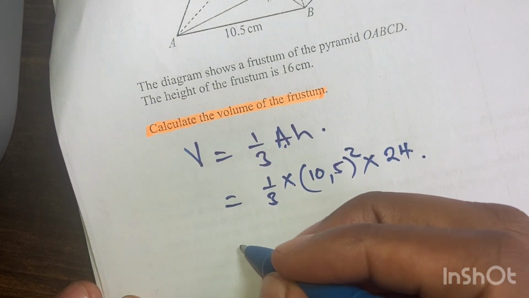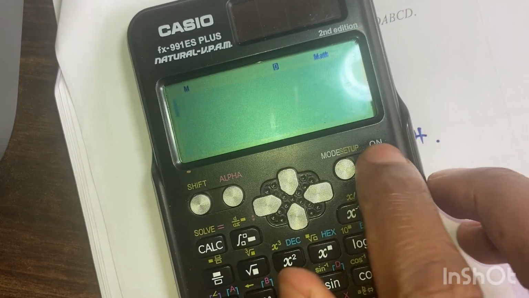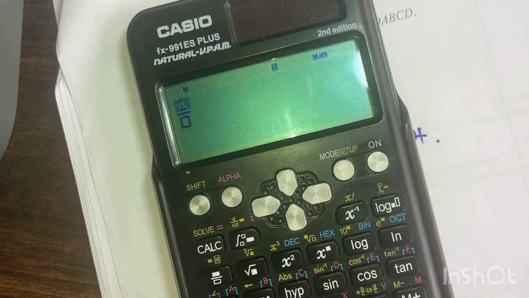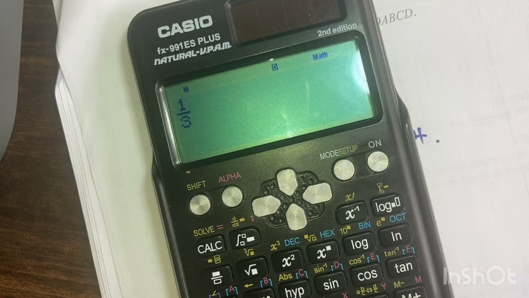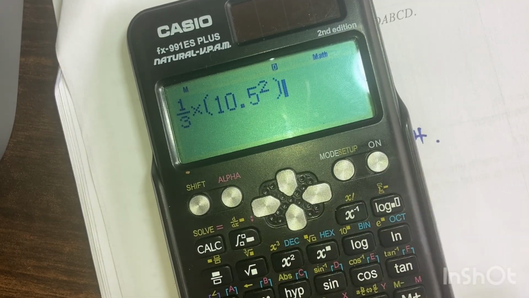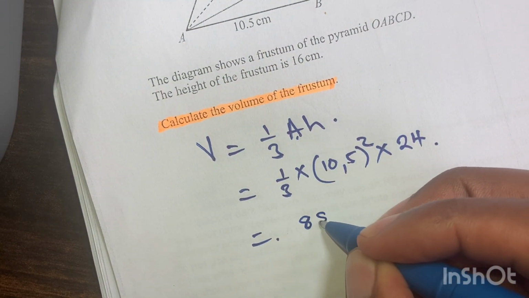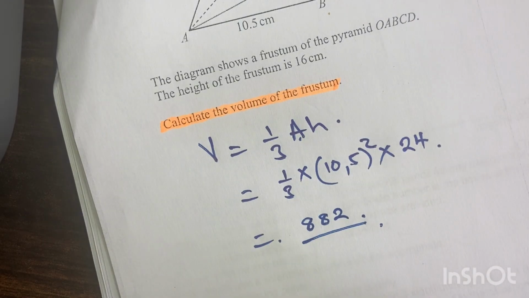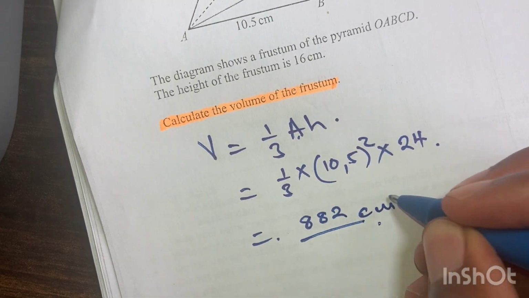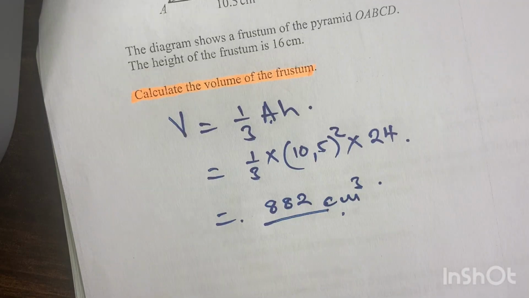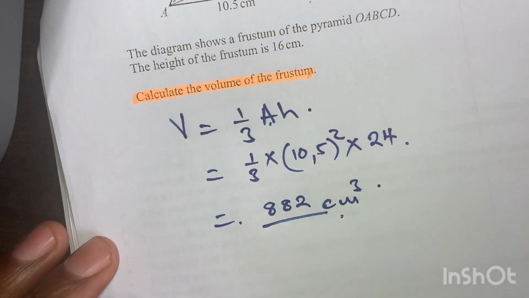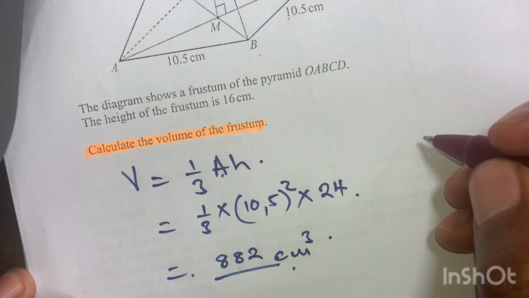We punch that on the calculator: 1 over 3 times 10,5 squared multiplied by the height, 24, and we get 882 cubic centimeters.